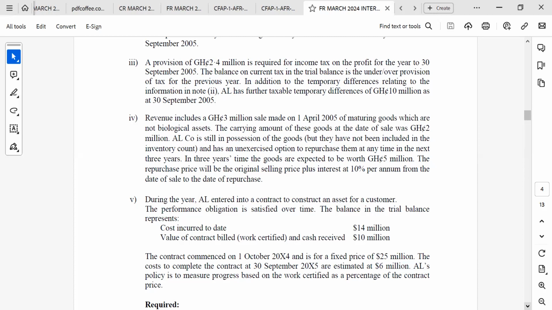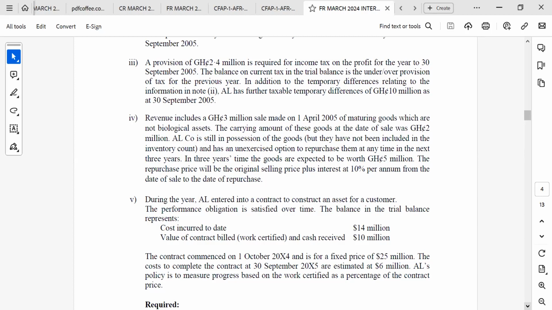Okay. What standard is this? IFRS 15. You can say the first two are all revenue, isn't it? The first two are all revenue. So the revenue is very important.